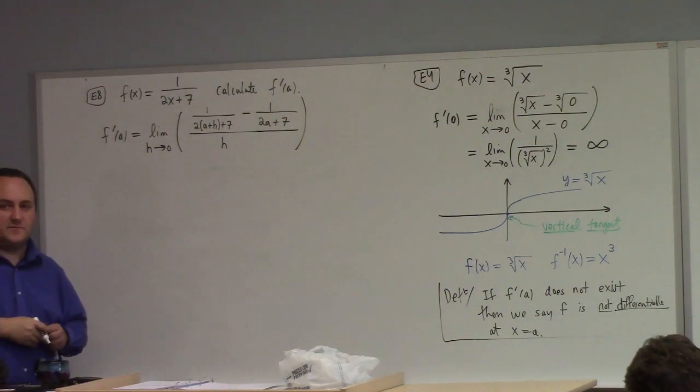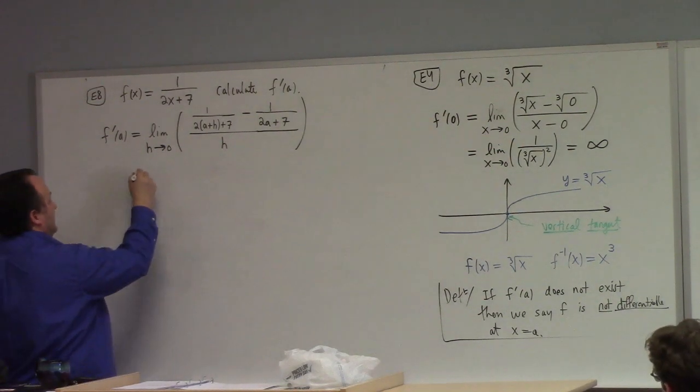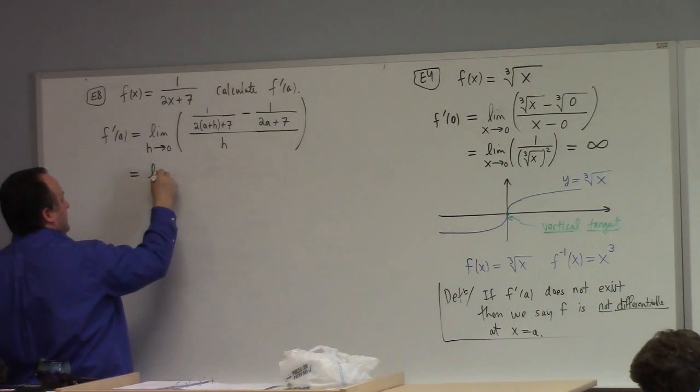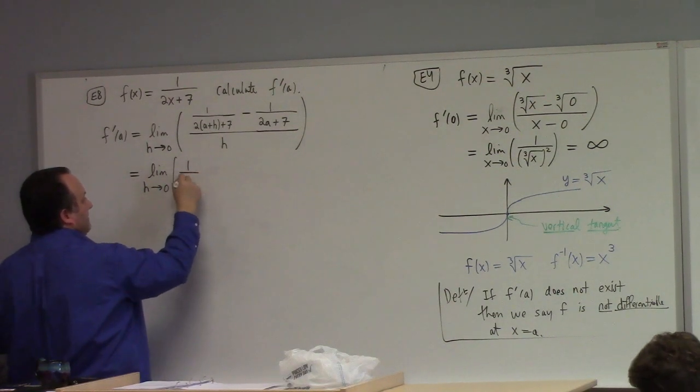Now the first thing I do when I've got one of these ugly compound fractions is I trade it for something ever so much more pleasant to write, which is multiplication by 1 over h.